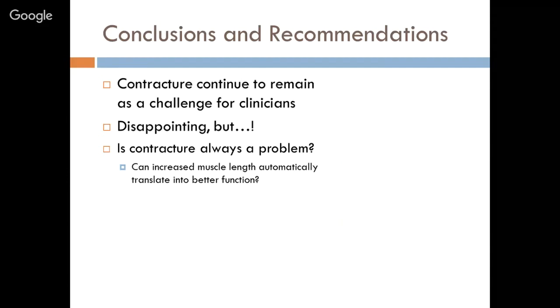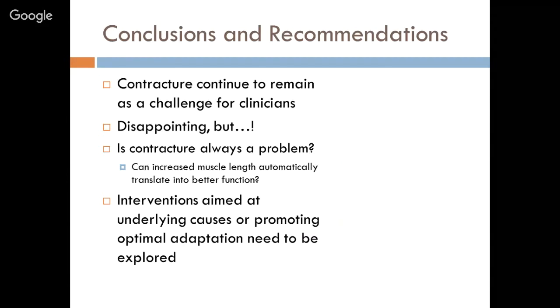We have made a lot of assumptions, but we still do not have much study or knowledge about when contracture becomes a problem and when it doesn't. We need to understand that, and then apply solutions to reduce it when it is a problem. This is one important issue which I wanted to raise.